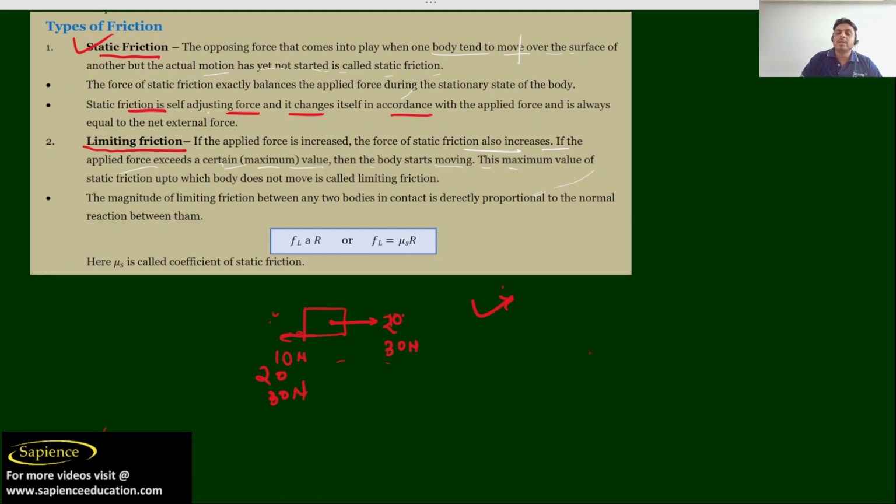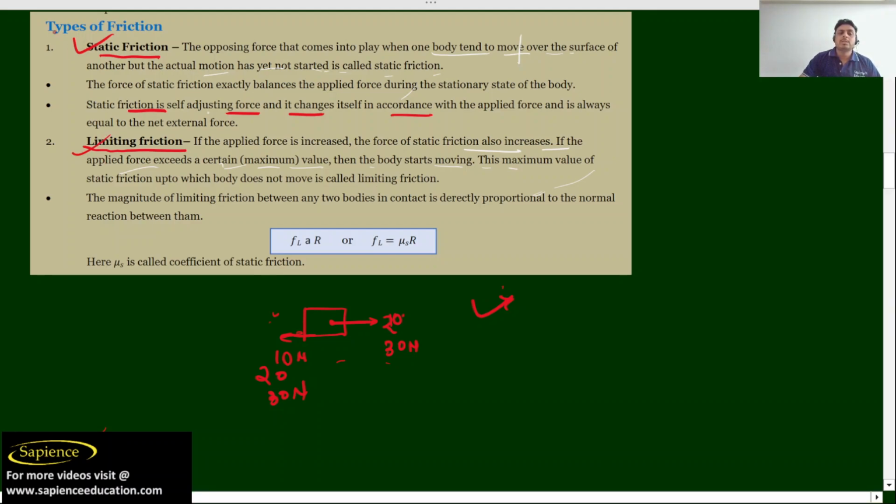It is not like an object will get a friction force if you are not pulling it. No. Friction force will always act when we try to apply a force on the object; only then does friction force come into play. So I hope you have understood now. Static friction you have understood. Limiting friction you have understood.